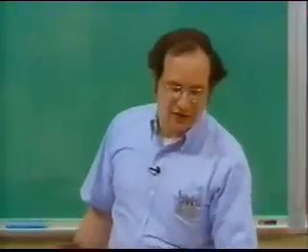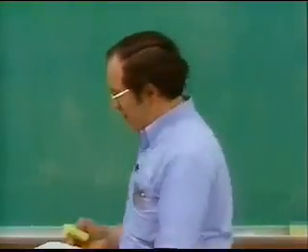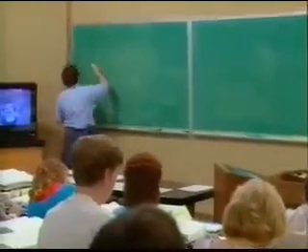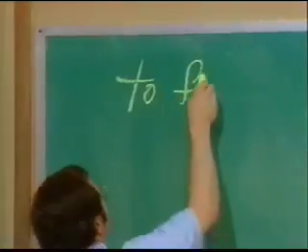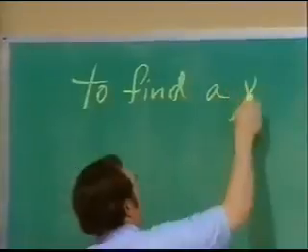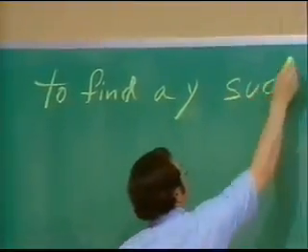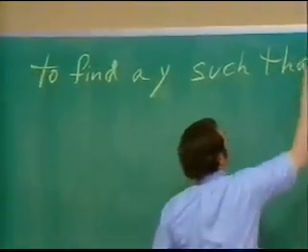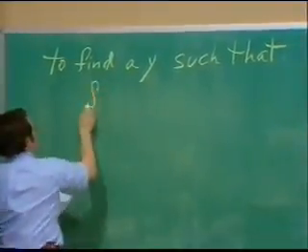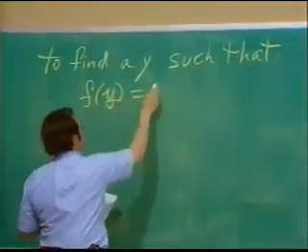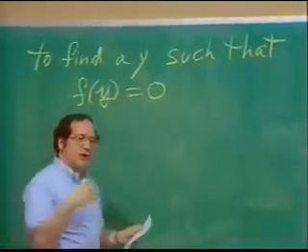Well, one thing you might know is that there is a general method called Newton's method, the purpose of which is to find the roots, that's the zeros, of functions. So, for example, to find a y such that f of y equals 0, we start with some guess.